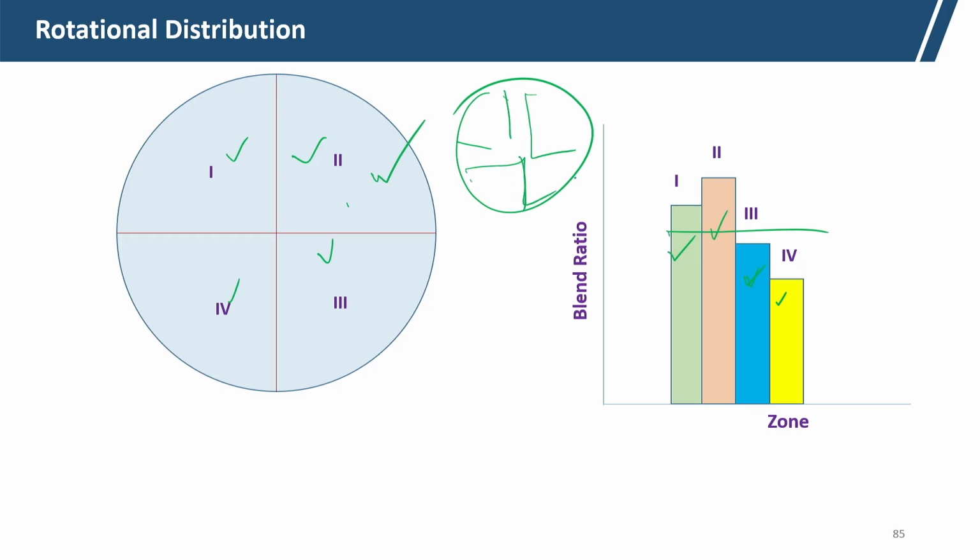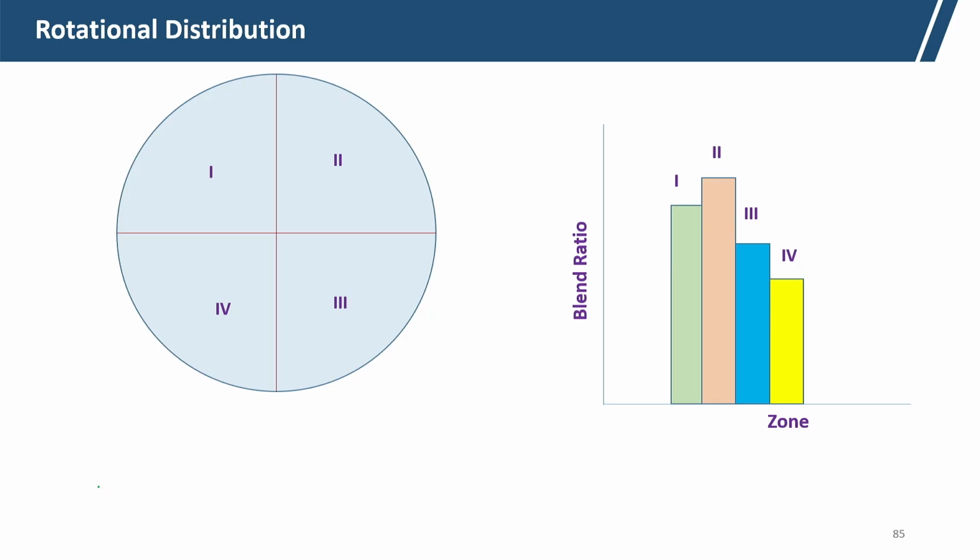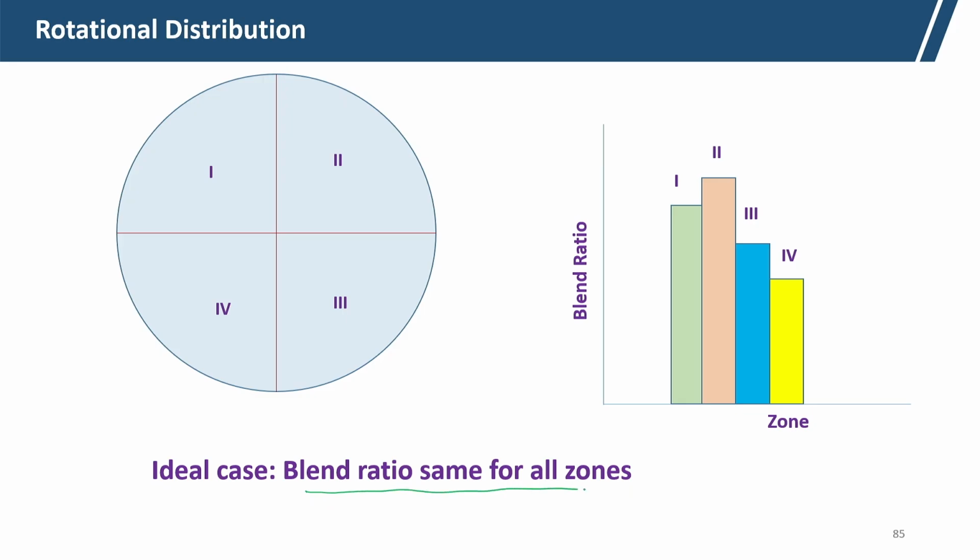So, this method is suitable for draw frame blending, and for other types of blending, radial distribution is suitable, but you can use any of the methods. This will give you the distribution of blend ratio. The ideal case is the same blend ratio for all zones.